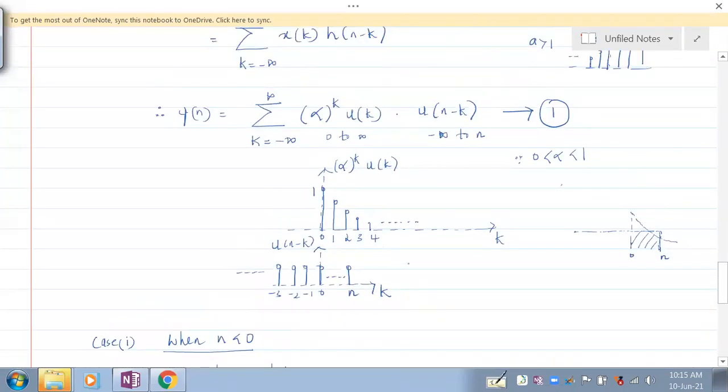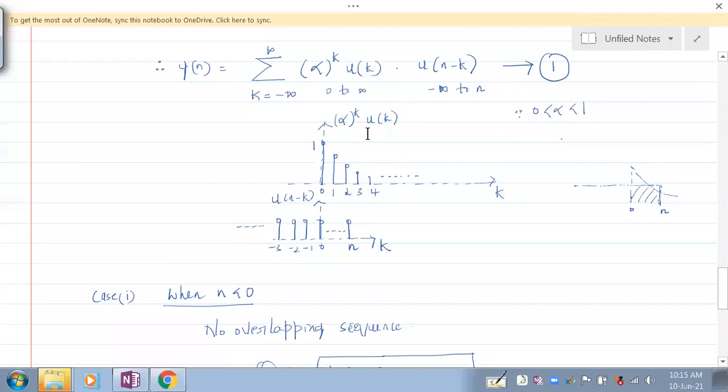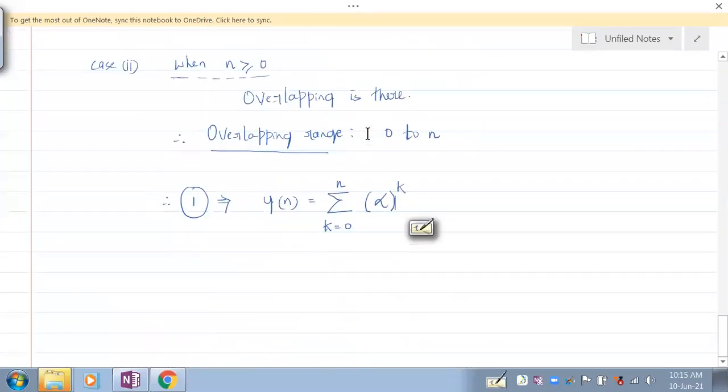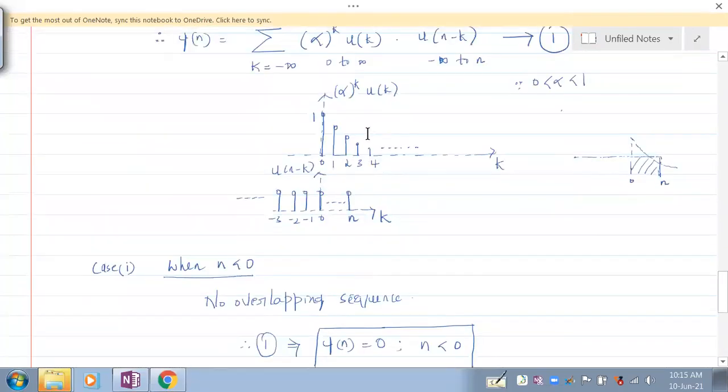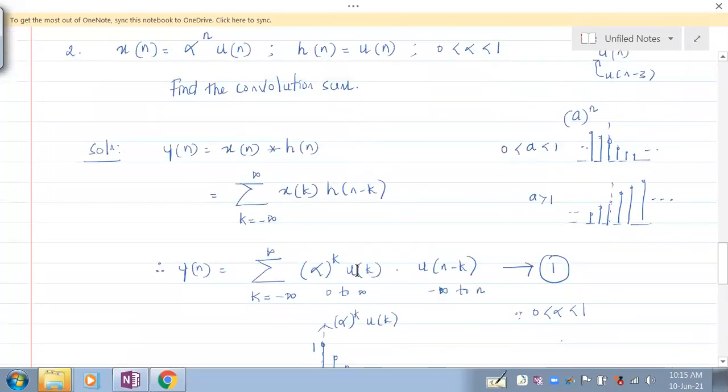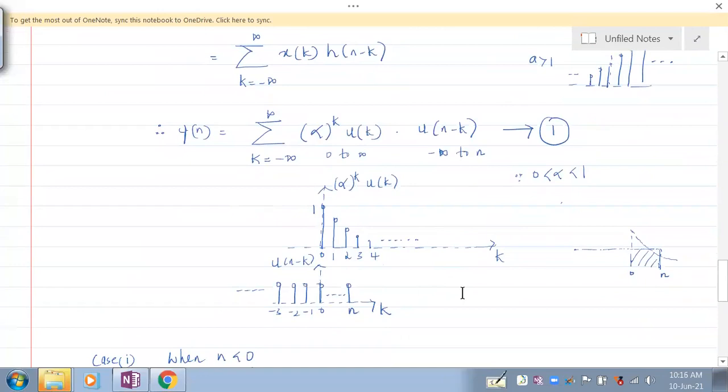It's all ones, right? u of k is 1, u of n minus k is also 1, but alpha power k is not 1. It is 1 and goes on decreasing. That's why we need to write alpha power k.